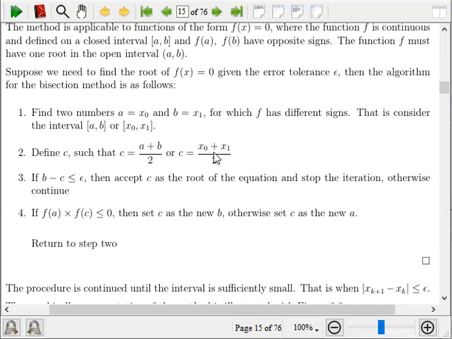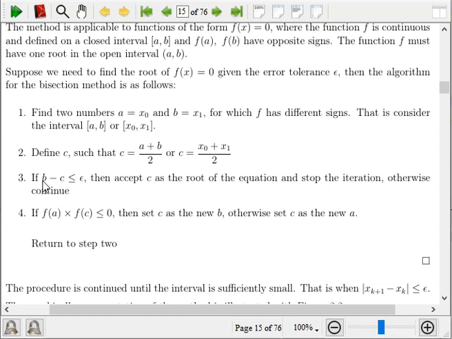Mathematically, you can see it here. The first thing is to find some C, where C is (a plus b) over 2. That is the halving we are talking about. The next thing to determine is the stopping criterion.